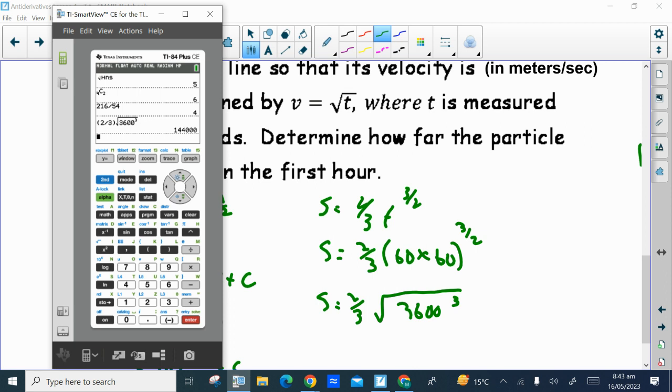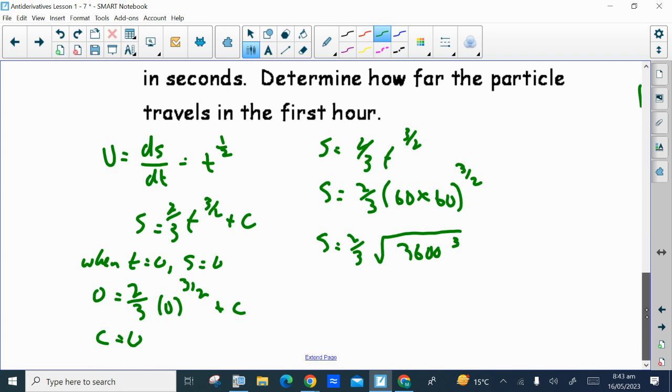So 144,000 meters will be our answer. Again, the velocity is in meters per second, so our distance unit is meters, which we could convert to kilometers by dividing by 1,000. 144 kilometers.